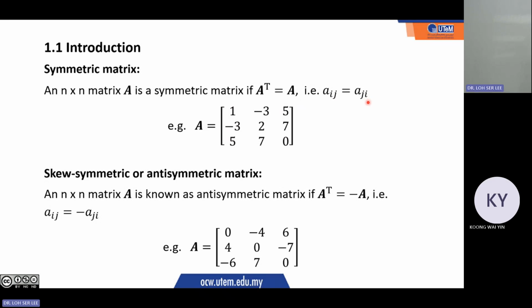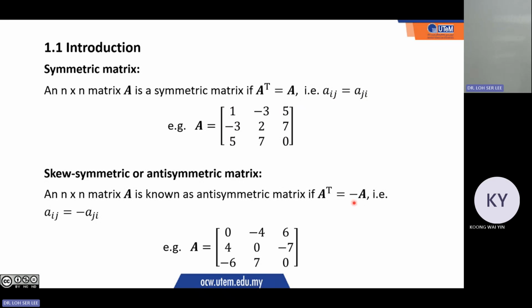Okay, and there is another term called anti-symmetric matrix. For this one, A transpose equals -A. So this is similar to the symmetric matrix, but the difference is you have a minus here.